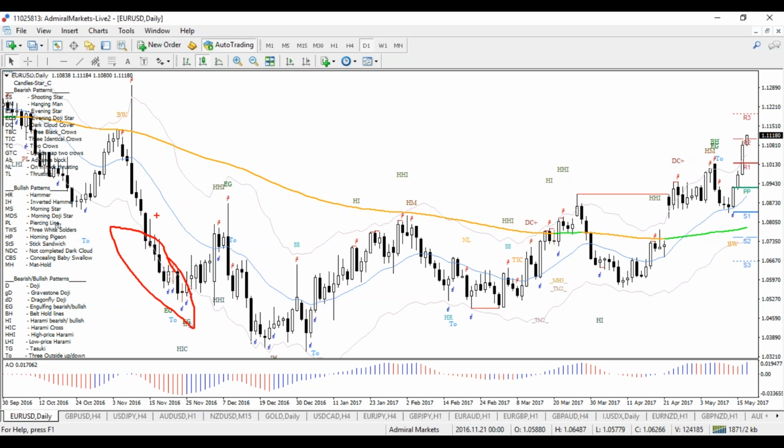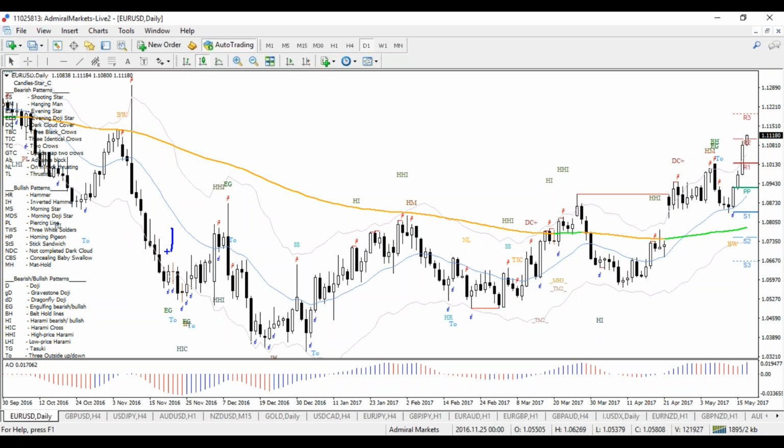The closes were below the Keltner. Then I wanted to see a candlestick pattern and a candle back into the Keltner. So these candlestick patterns do not qualify, because the candles are in the Keltner.